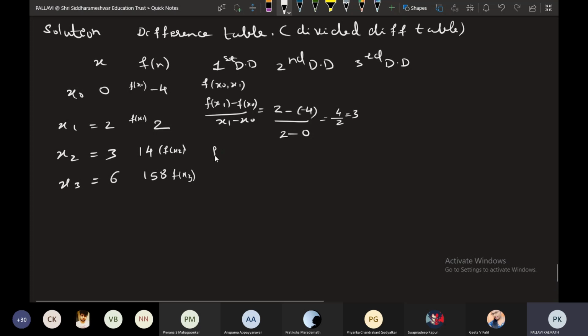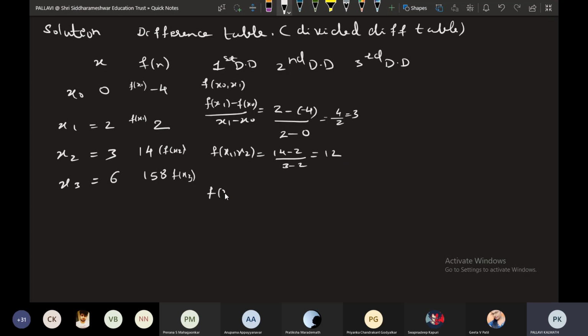Then the next difference is denoted as f of x1, x2. What will this be equal to? 14 minus 2 divided by how much? Is it 3 minus 2? And it is equal to 12.